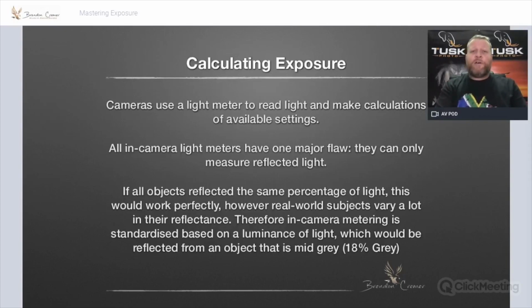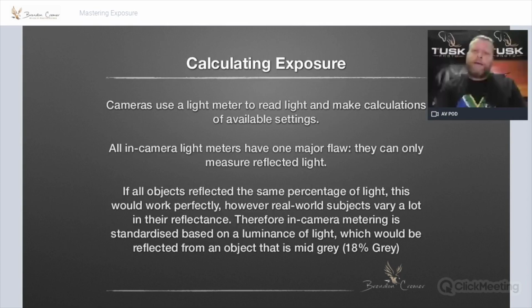That is where it's going to read that light from. Is it going to evaluate the entire scene with matrix metering, or is it going to evaluate a very small area, as if you're using spot metering, for example, which would only evaluate probably in the region of about 5 to 8% of your image?